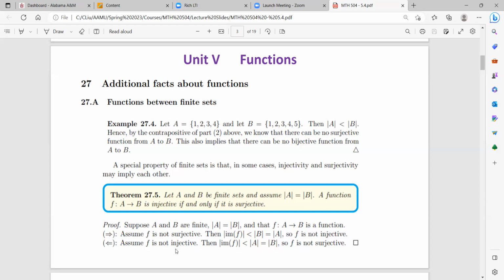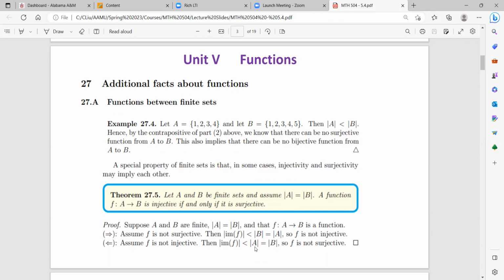Suppose F is not injective, then the image of F has a smaller size than the domain A, of course, right? Not injective, so there are some elements in the domain mapping to the same element in the codomain, so that the image of the function will be strictly a subset, and the size of the image will be less than the size of the domain.